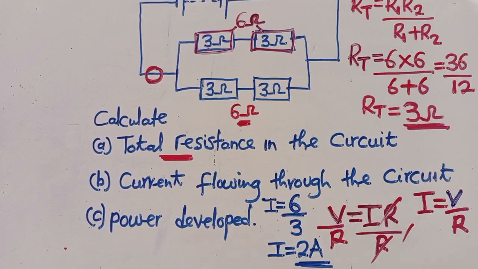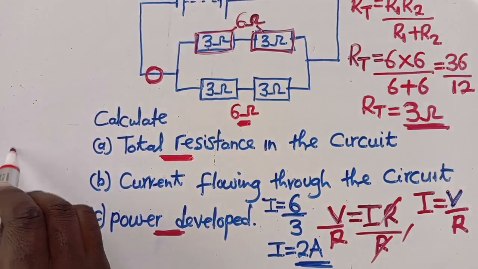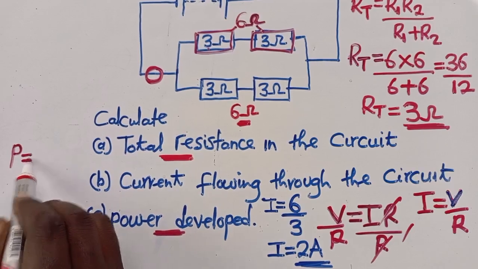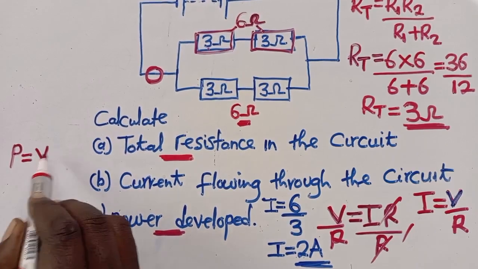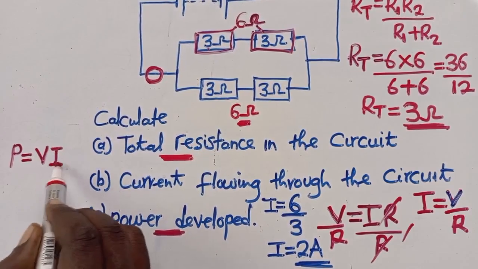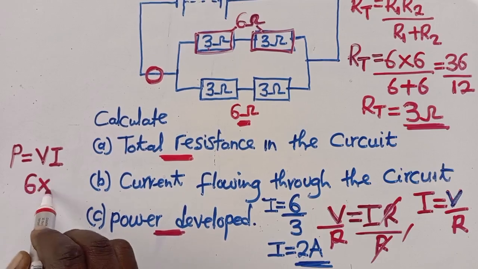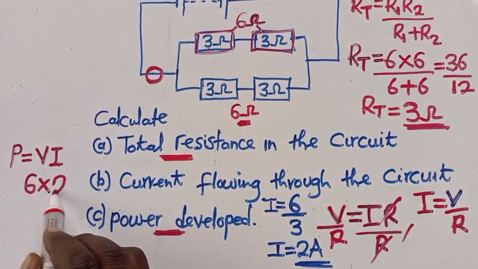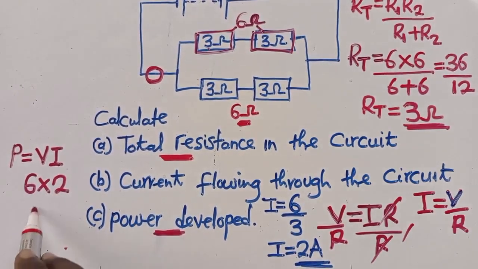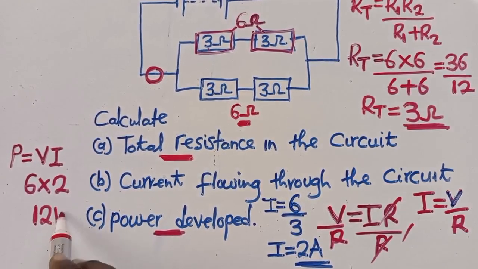We now go to this last question that is here: power developed. What is the formula for power? Power is equal to voltage times current. So what is voltage? 6. What is current? 2. Have you seen 2? When you multiply there, you get 12 watts.